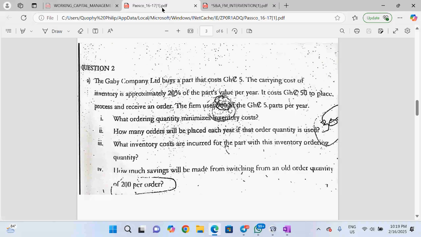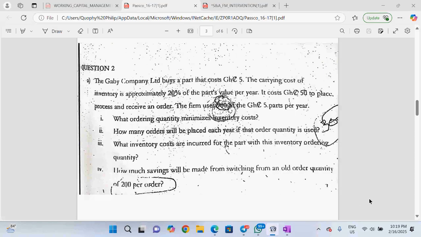What is the meaning of the I? What does the I want? Who can tell me? What ordering quantity minimizes inventory cost?